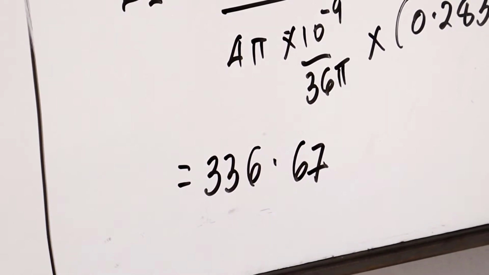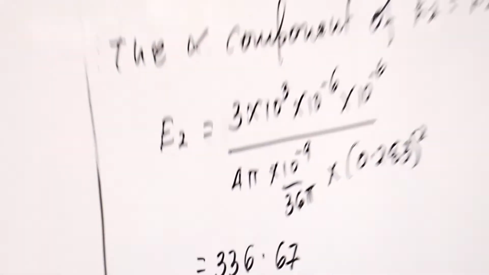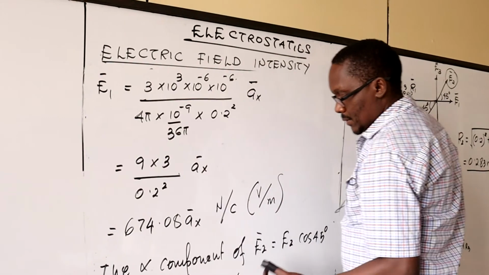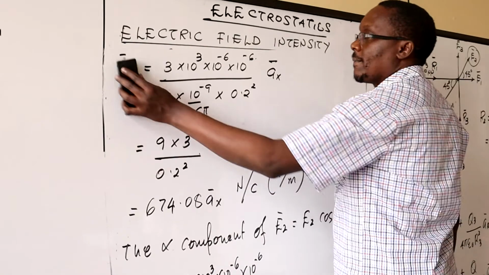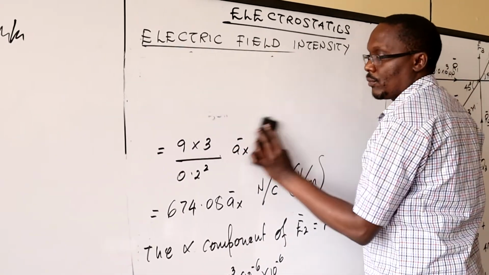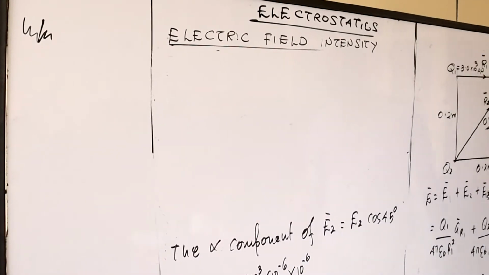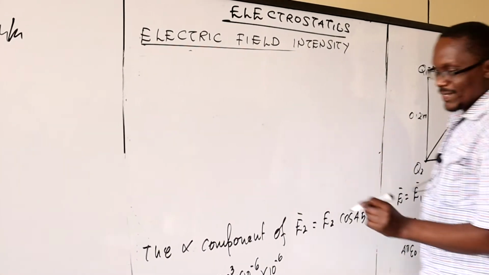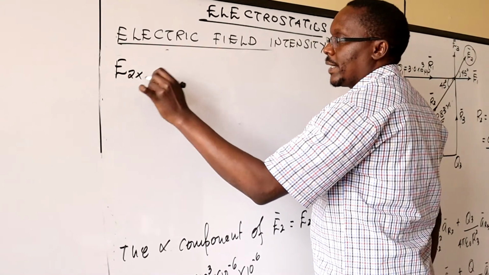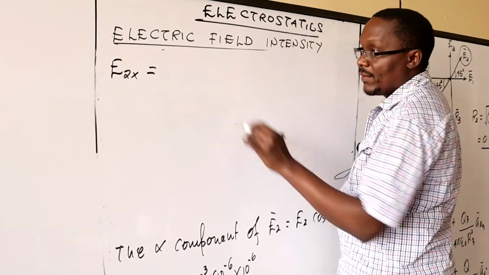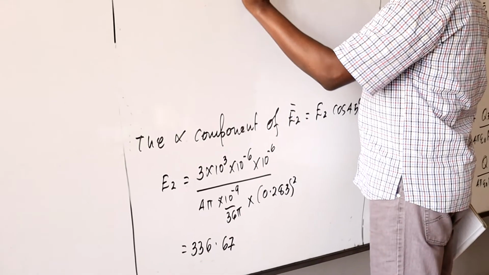So that now, if we solve for our E2 along the x-axis, I'll call that E2x, so that it is the x component. That will be 336.67, sorry.